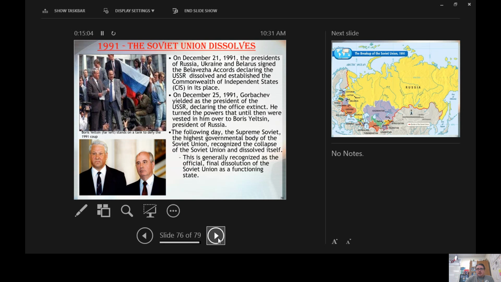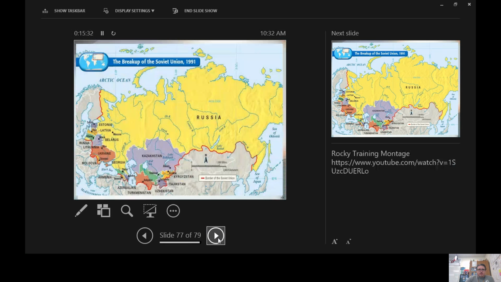He turned the powers that until then were vested in him over to Boris Yeltsin, the first president of modern Russia. The following day, the Supreme Soviet, the highest governmental body of the Soviet Union, recognized the collapse of the Soviet Union and dissolved itself. This is generally recognized as the official final dissolution of the Soviet Union as a functioning state.